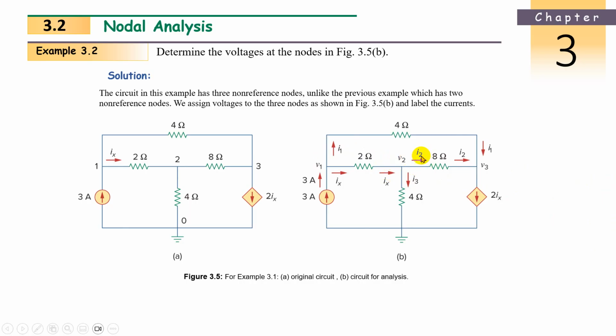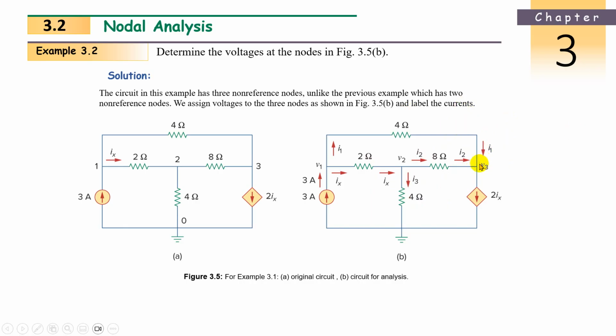So Ix is equal to I2 plus I3. What is Ix? V1 minus V2 divided by 2. And I2 is V2 minus V3 divided by 8, plus I3, which is V2 minus 0 divided by 4. Rearrange it and you will get it in terms of V1, V2, V3.